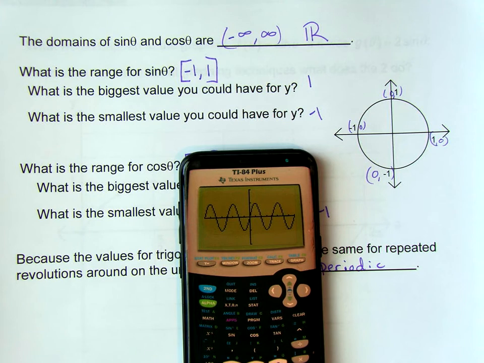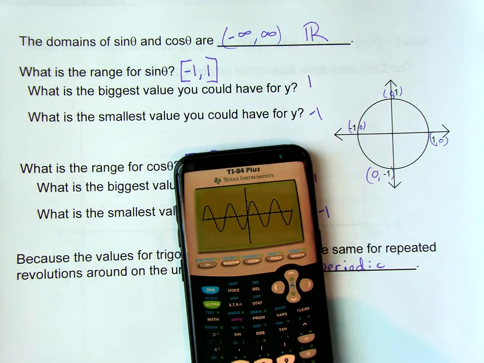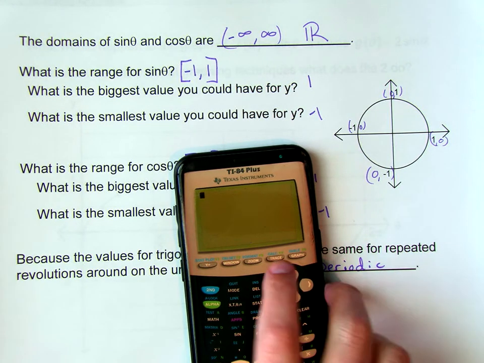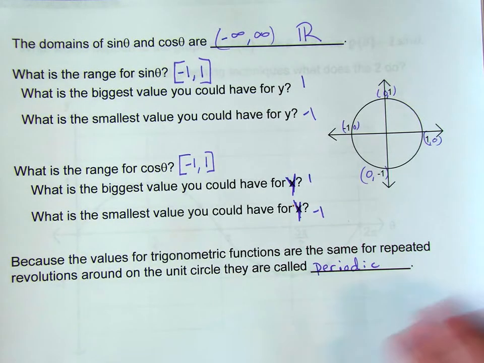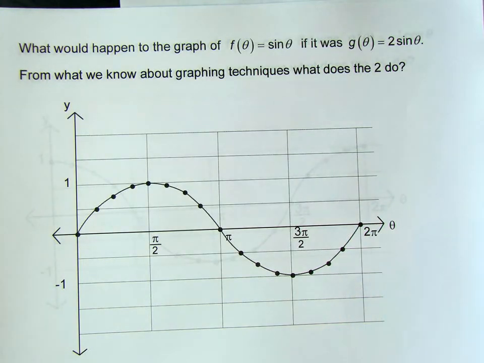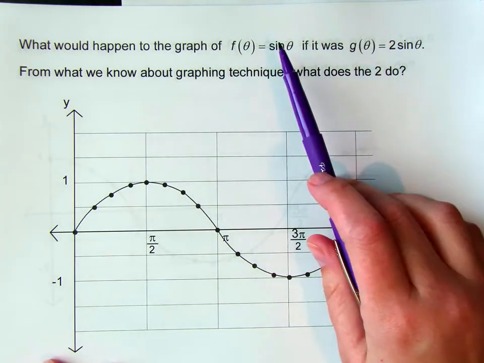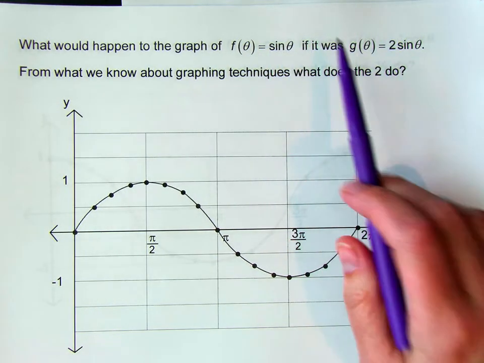And where we start and stop at our repeat, that's called one period. So when we graph these, we are really just interested in that first period because we know it's going to repeat.